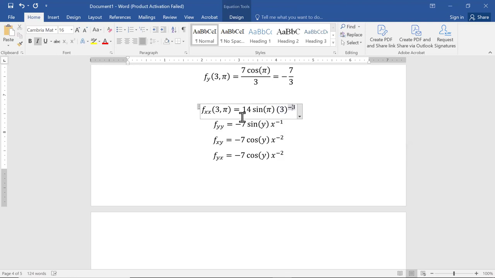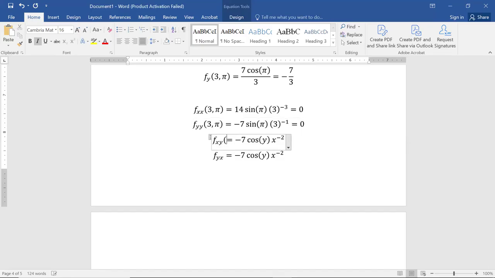So you get 0 times 3 to the negative third power, you just get a 0. If you plug in 3 pi into the f sub y, again, sine of pi, x becomes a 3. We get 0 times 3 to the negative 1. 3 to the negative 1 is not a problem, so you get 0.